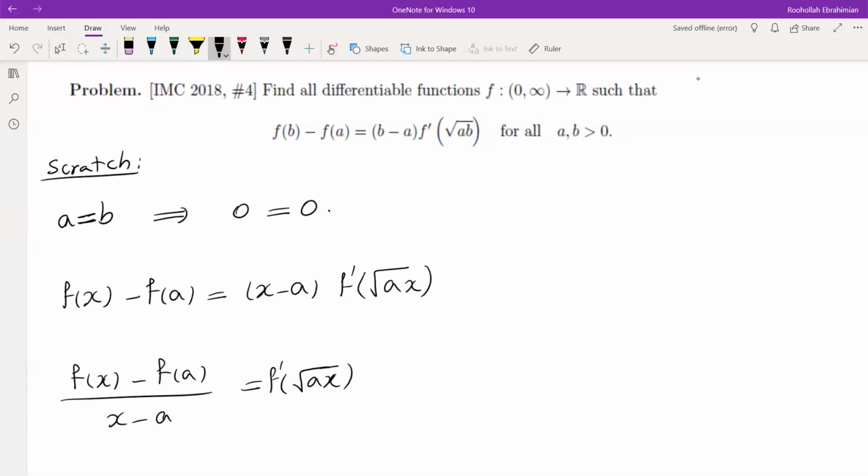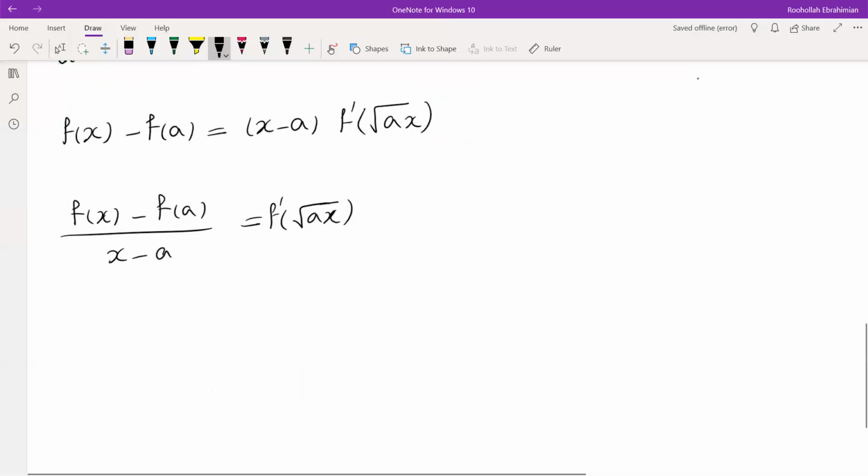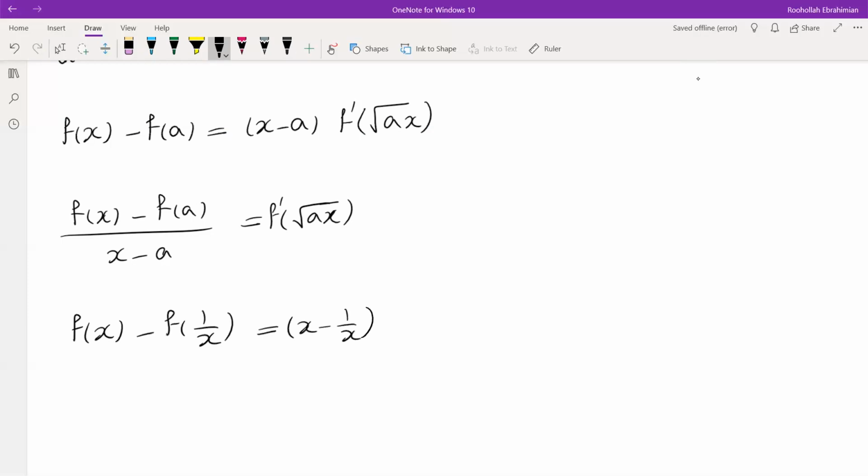So when I look at this, I see that, okay, I can try to maybe make root ax a constant and then see what I get. So if I plug in, say, 1 over x for a, I get f(x) minus f(1/x) equals (x minus 1/x) times f prime of 1. So that is interesting.